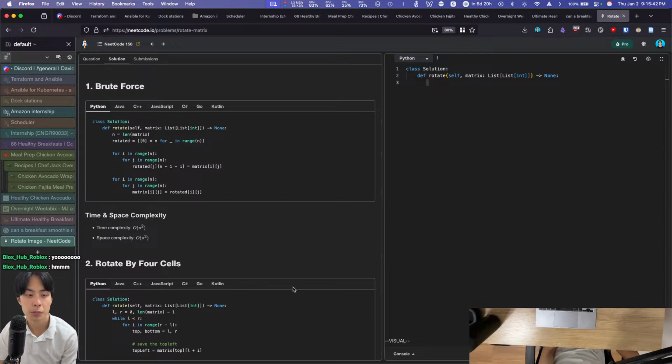And then 0, 3, so j is 1. If j is 1, and n minus 1, I can see how that works. Yeah, I can see how the brute force is a way to solve this problem.